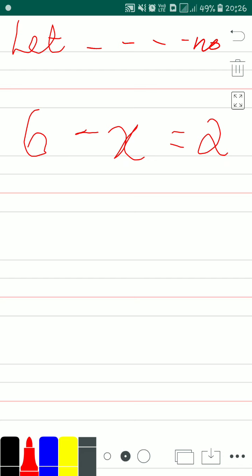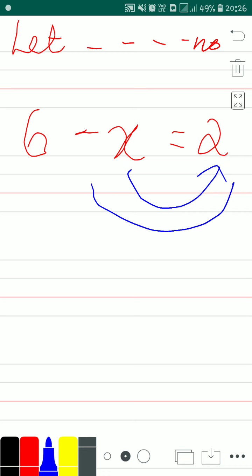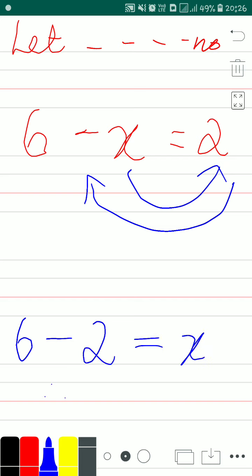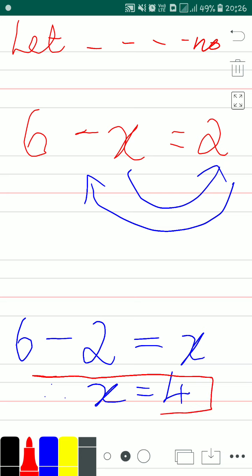Okay, so now this is the equation and let's solve the equation. The x goes to the other side and 2 comes over here, so we get 6 minus 2 is equal to x. Therefore, x is equal to 4. This is going to be our final answer.